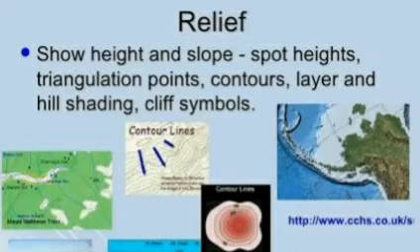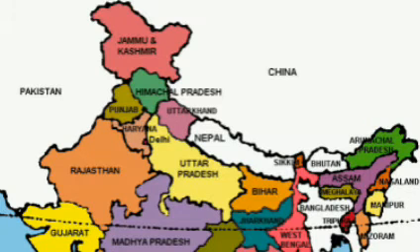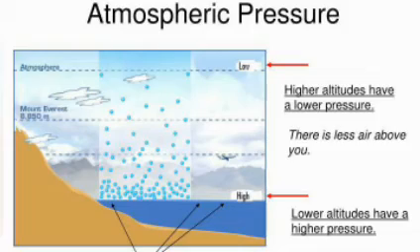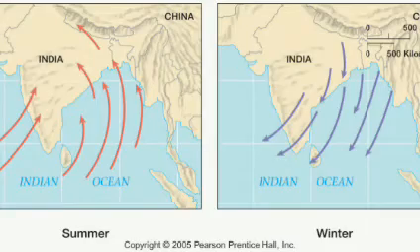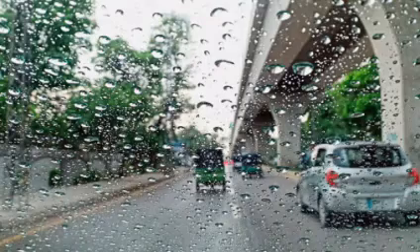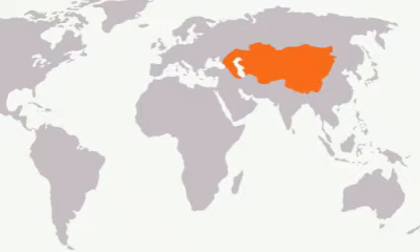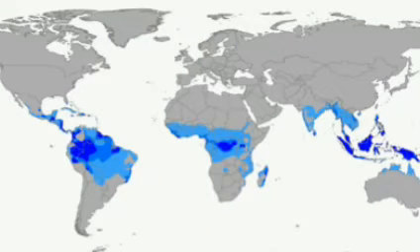Next, relief. Relief of India has a great bearing on major elements of climate, such as temperature, atmospheric pressure, direction of winds, and amount of rainfall. The Himalayas act as a barrier to the freezing cold winds that blow from Central Asia and keep the Indian subcontinent warm.